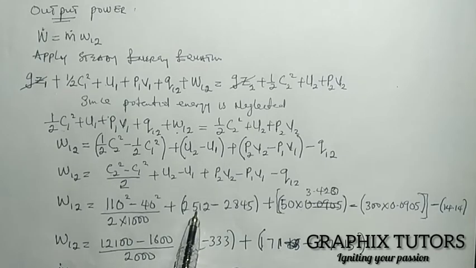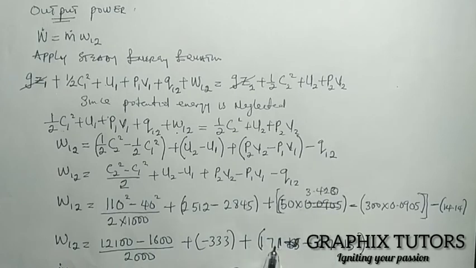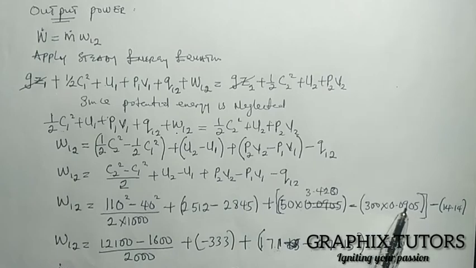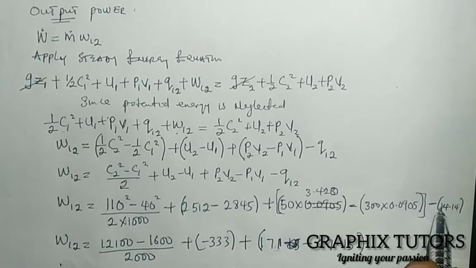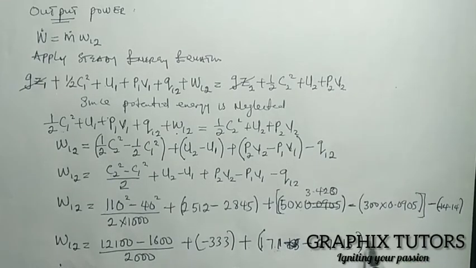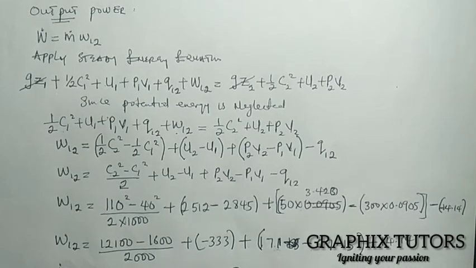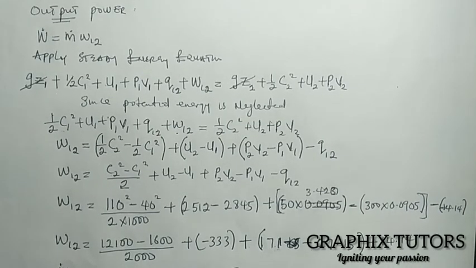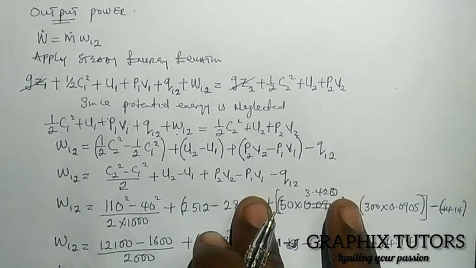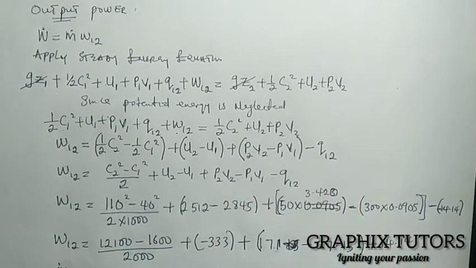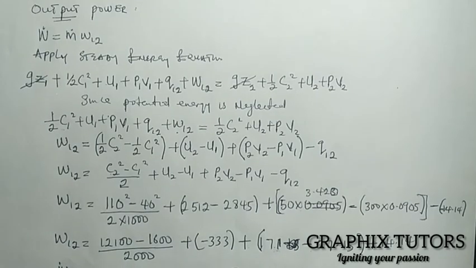Plus 2512 minus 2845 will give us minus 333. Plus 50 times 3.423 will give us 171, minus 300 times 0.0905 will give us 27.15. So this 14.14 has a negative sign here, so minus will give you plus 14.14. So this will give me plus 14.14, right? By the time you add everything, let's do that and see.